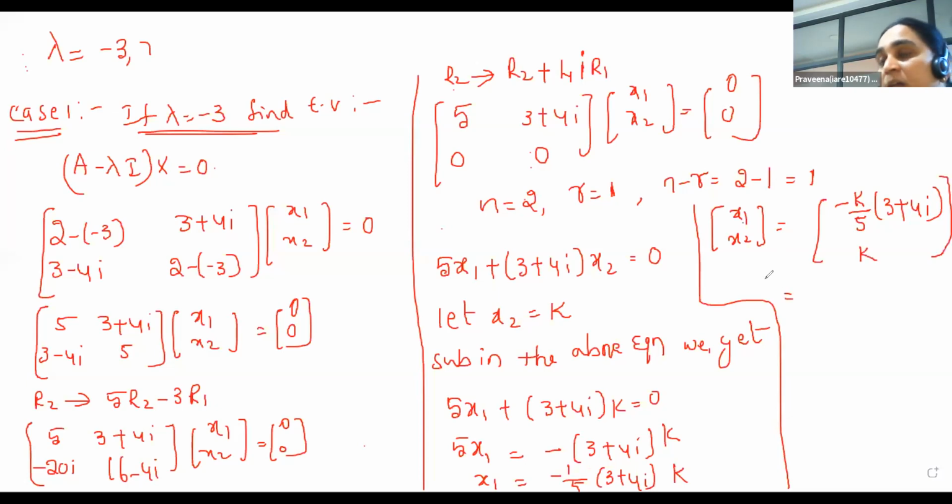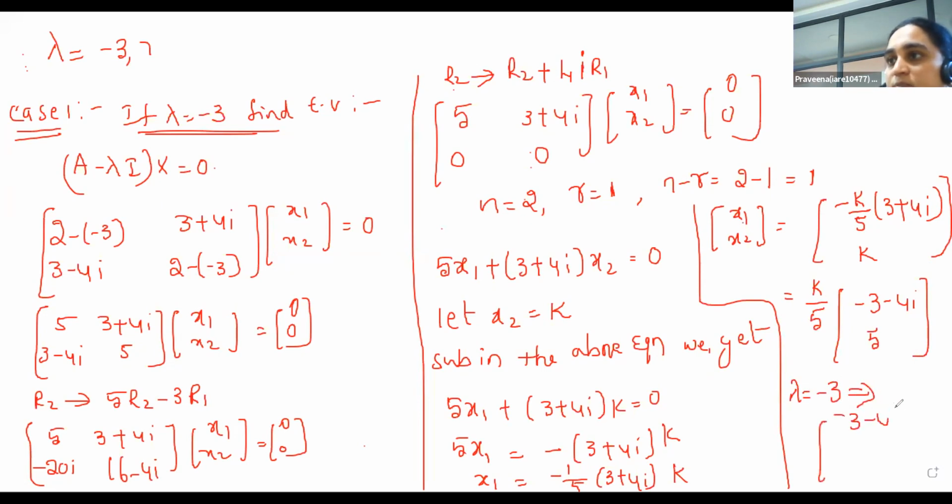Better to eliminate fractional values from the eigenvector, so I'm taking k by 5 common. We got minus 3 minus 4i and here 5. Therefore, if lambda is minus 3, the eigenvector is minus 3 minus 4i and 5. Okay, this is the first case.